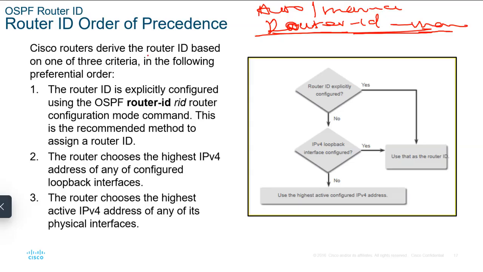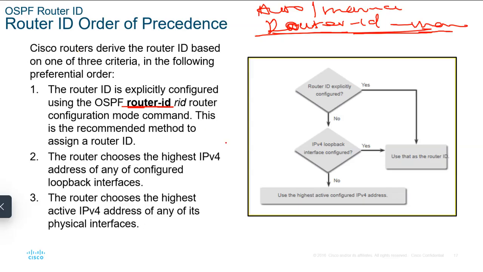So a Cisco router derives the router ID based on one of three criteria in the following preferential order. The first one is when the router is configured using router ID. Once you state this command, you're forcing it, dictating which value to use as the router ID.